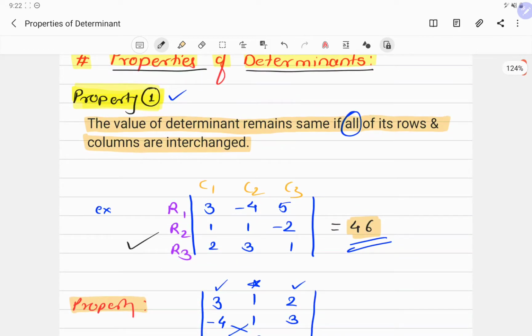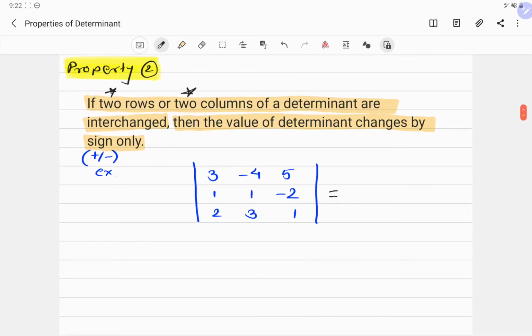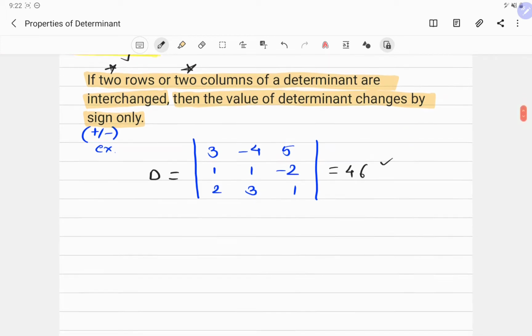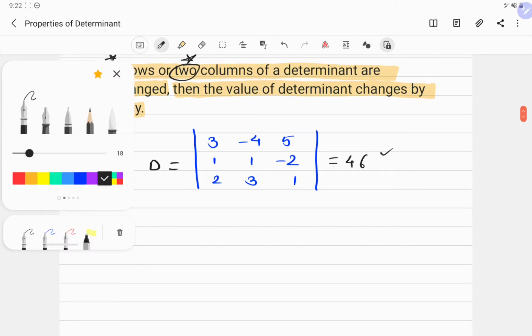So this is the original determinant whose value is 46. The same determinant I copied here, and its value you already know, so I'm not going to waste your time finding the value of this determinant. The value of this determinant is 46. Now they want us to change any two rows or any two columns of a determinant. Let's interchange two rows.